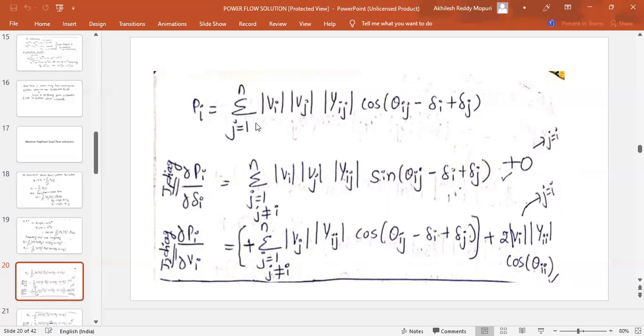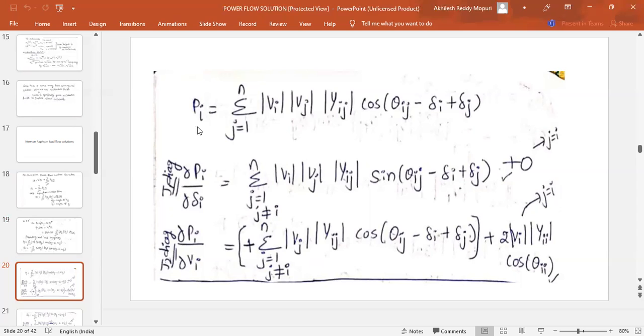When j is equal to i, Vi into Vi, and minus del i plus del i gets cancelled, so we get Vi square Yii cos theta ii. Since there is no del i term when j is equal to i, del i gets cancelled.